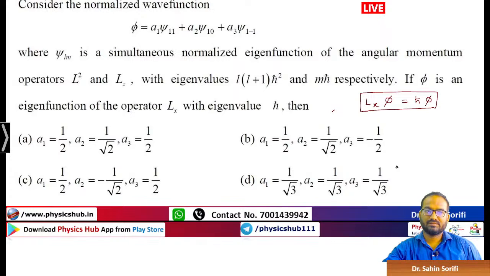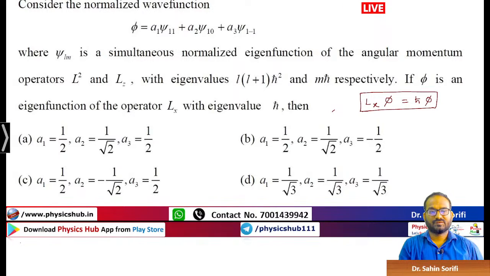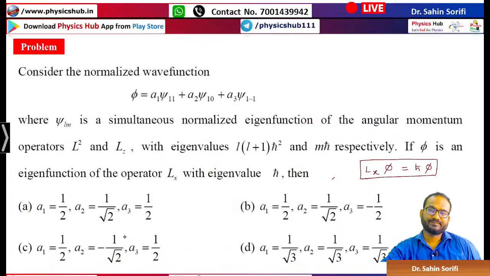So let us start with this. What is given to us? Phi is an eigenfunction of the operator Lx with eigenvalue ħ. So this can be written. Now we know what is Lx. Look at this.